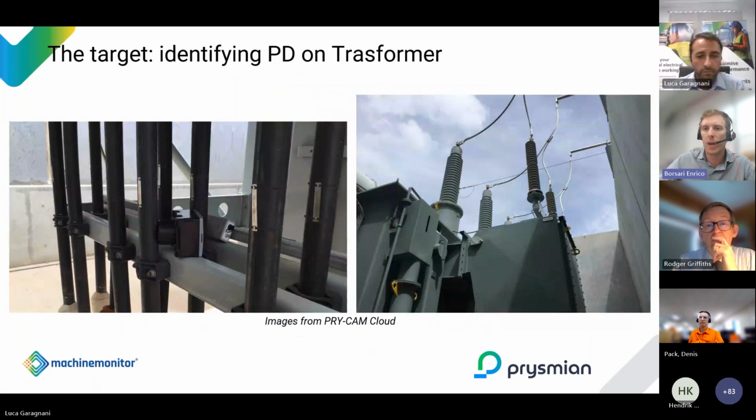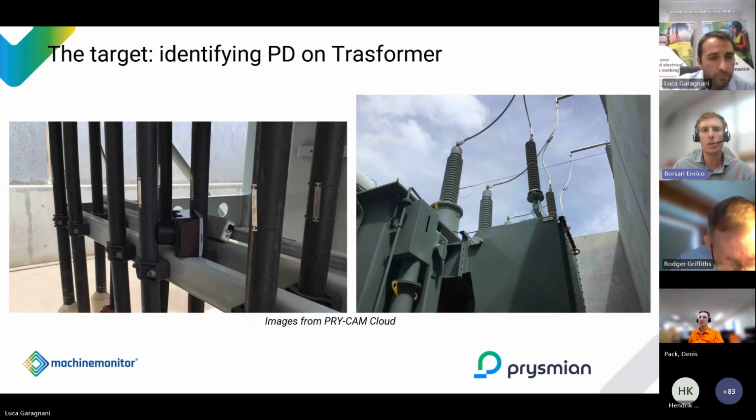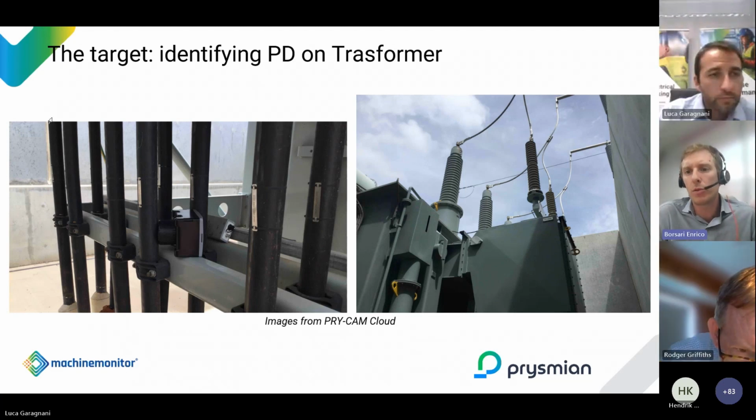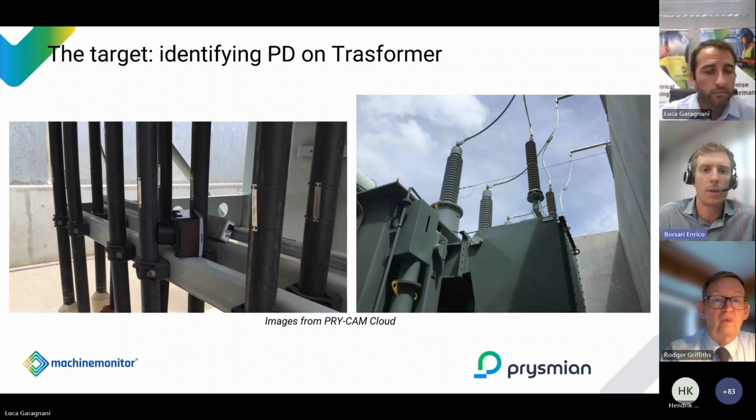We were called by a customer to perform a spot measurement activity. The purpose of the activity was to determine whether there were assets that could fail in the short term, and whether we could identify partial discharge on certain assets.